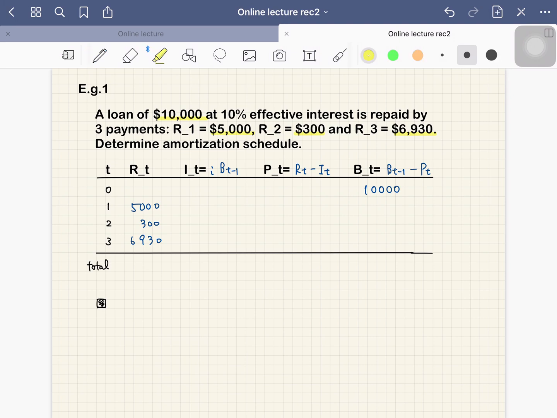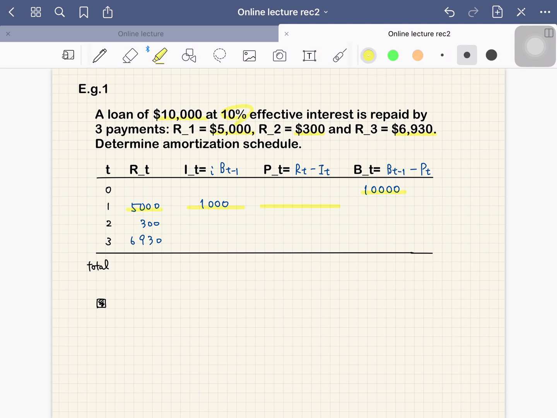At first we want to calculate I1, that is the previous balance times the interest rate, 10% times $10,000, so that is $1,000. Then how about principal repaid?